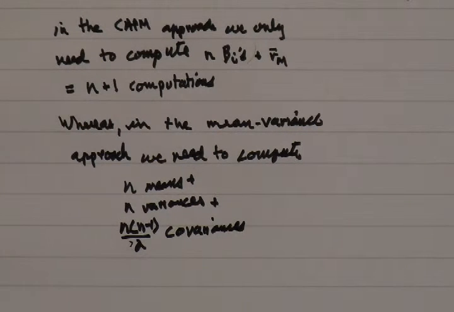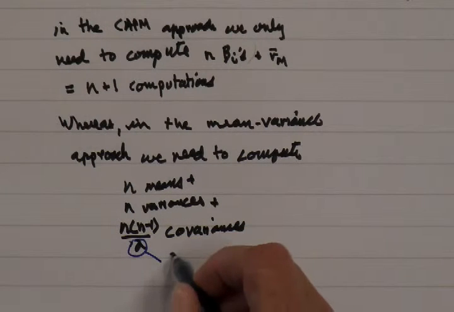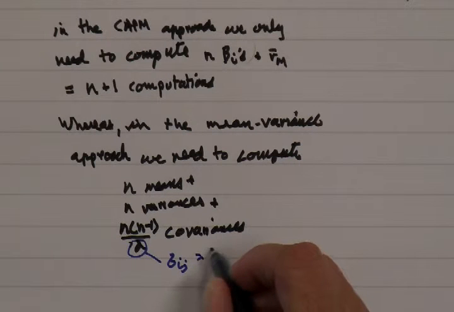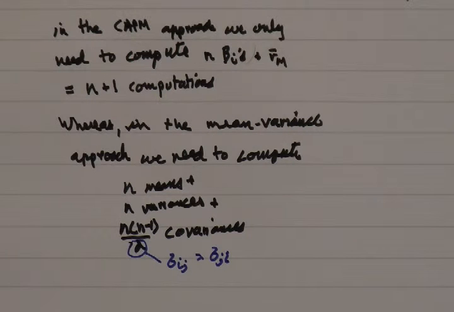The 2 here comes from the fact that sigma ij equals sigma ji. So once we compute sigma ij, we automatically have sigma ji. Okay.